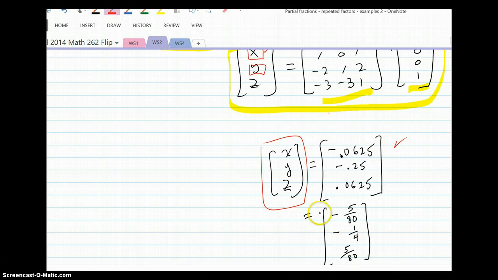But in exact fraction form, if you want that, that's here. And so those are the solutions to the system of equations, and if you plug those in for x, y, and z, they would certainly work.